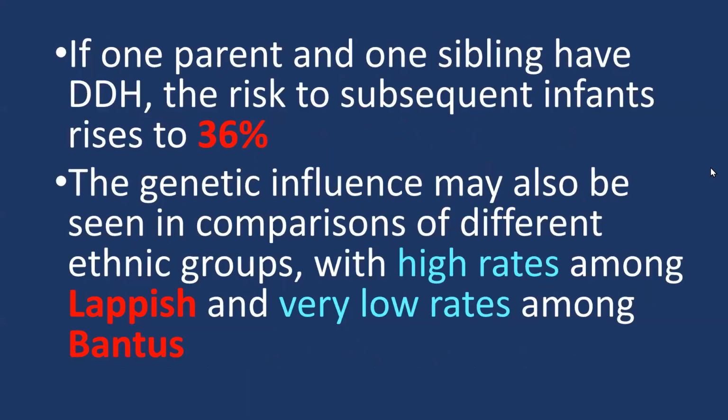If one parent, one sibling, يعني وولد, have DDH, the risk to subsequent infants rises to 36%. The genetic influence may also be seen in comparisons of different ethnic groups with high rates among the Lapish and very low rates among the Bantus.